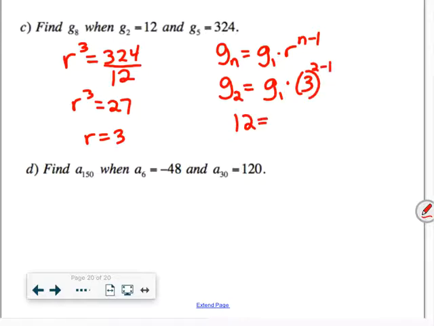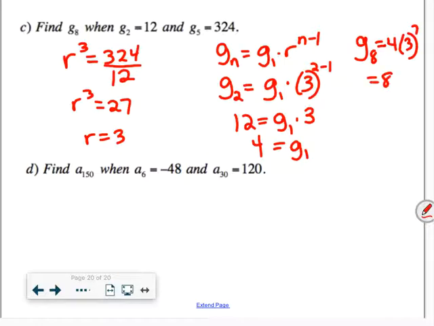So that's 12 equals G sub 1 times 3, so G sub 1 is 4. Now I can find G sub 8, the first term times 3 to the 7th, and that's where I got 8,748.